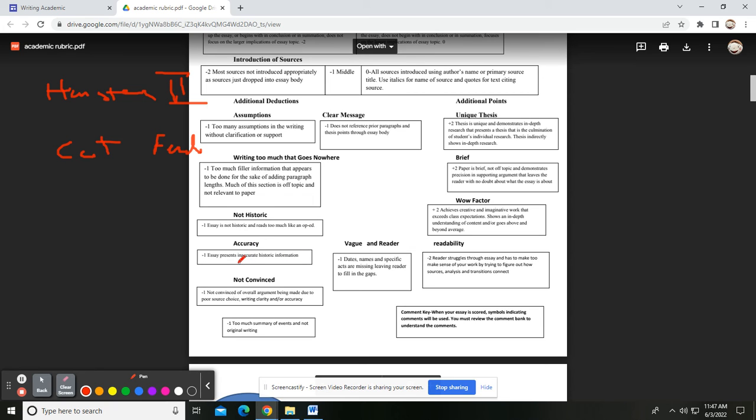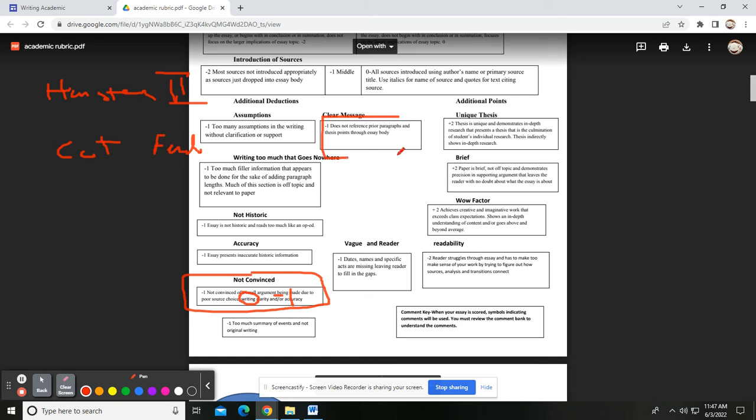Accuracy, these are deductions if the essay is not presenting accurate historical information. And at the end of the essay, as the reader, I will ask this question: does the writing and sources cited here support the thesis that the writer set out to prove? And it's just simply yes or no. If it's a yes, there'll be no deduction. If it's a no, you'll see this circle, then that will be a -1 because you didn't convince the reader.